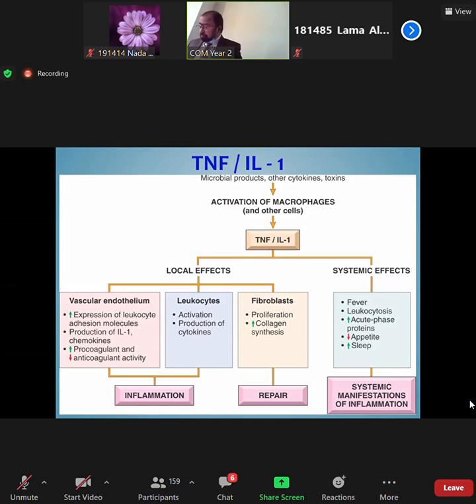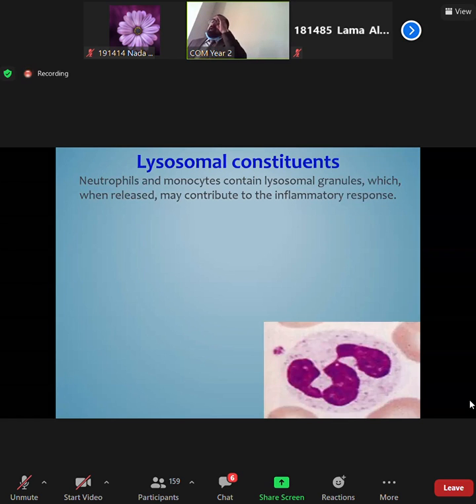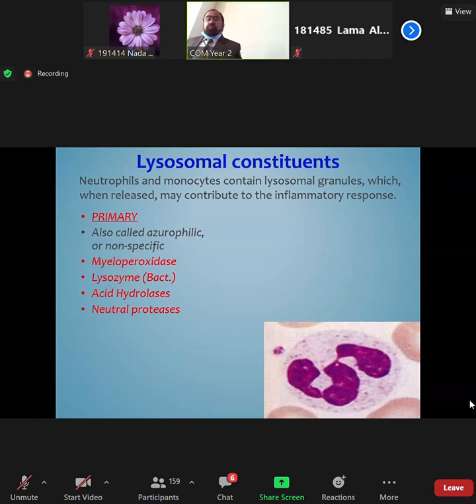Okay. Now coming to lysosomal constituents, they are present in the neutrophil and monocyte, we know it. And they have lysosomal granules, which is non-oxygen dependent. This is one picture of a neutrophil. You can see granules. When released, they may contribute to the inflammatory response. So we have two, primary and secondary granules.